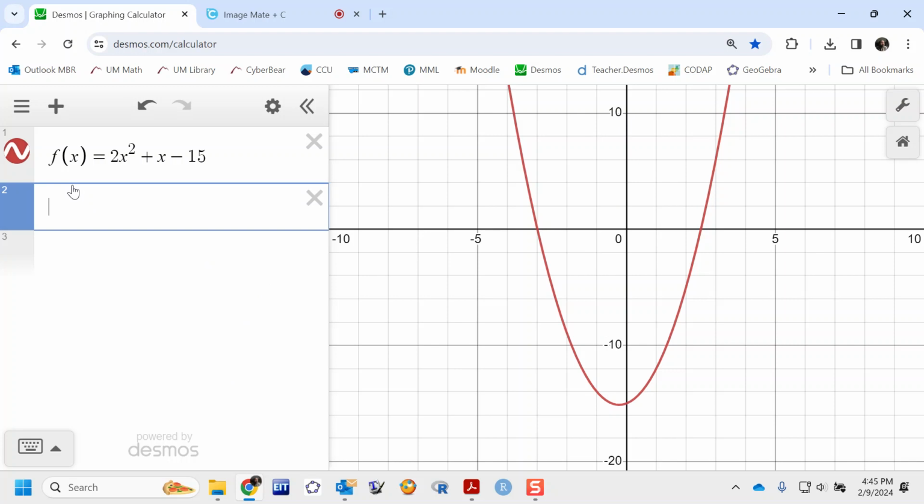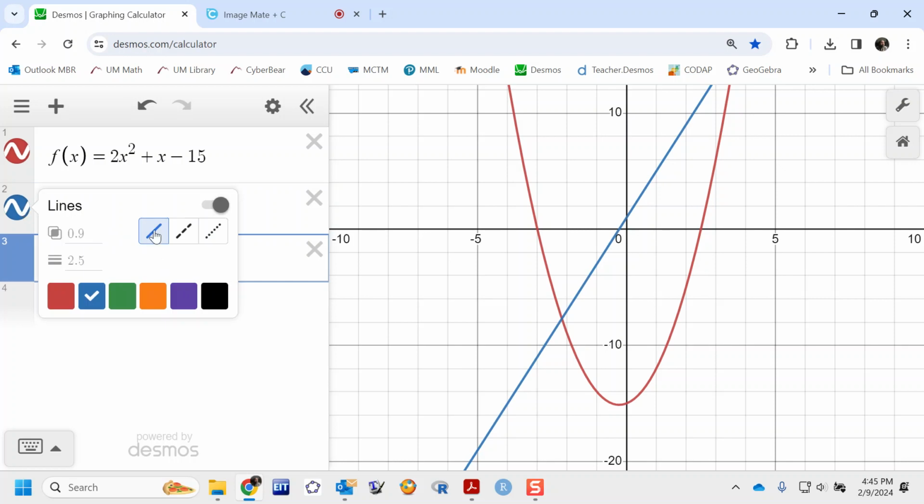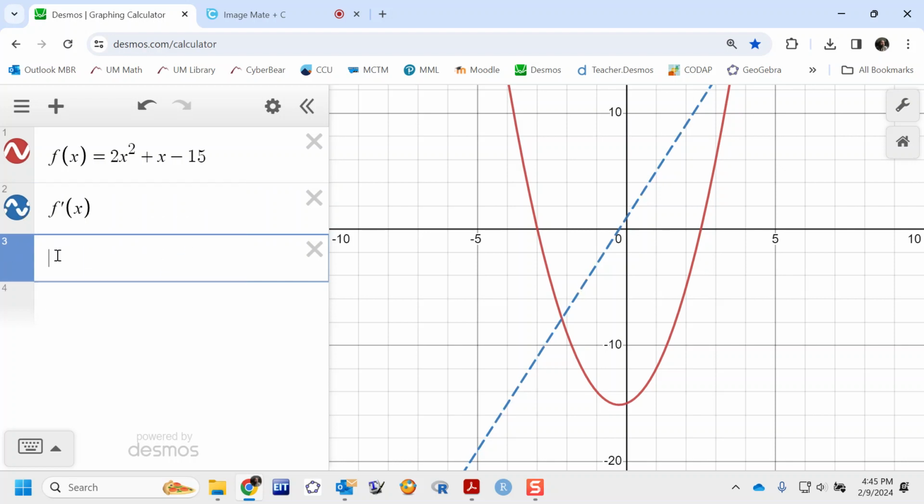So we can right away plot f prime of x just to see what it looks like, and of course it is linear. It does look like it has positive slope, right? But let's check. If I make this into a dotted line, we can put another function in, call it g of x. Can't call it f of x because we already used that.